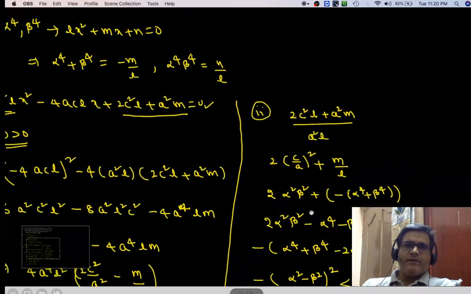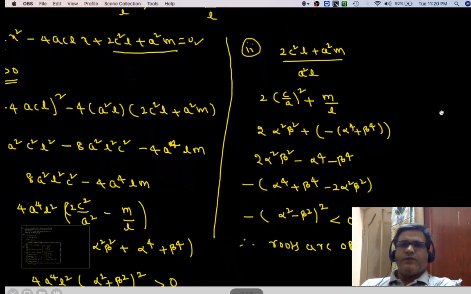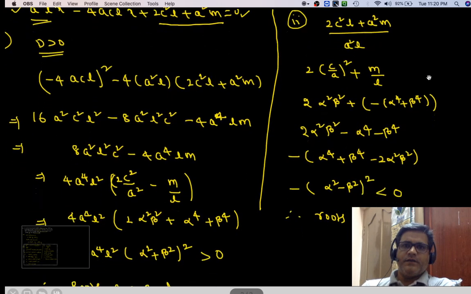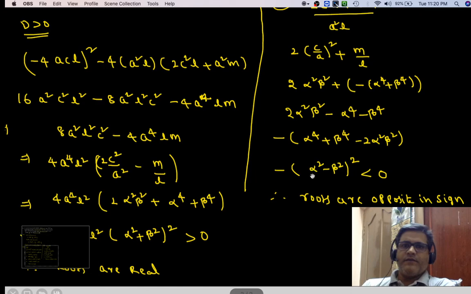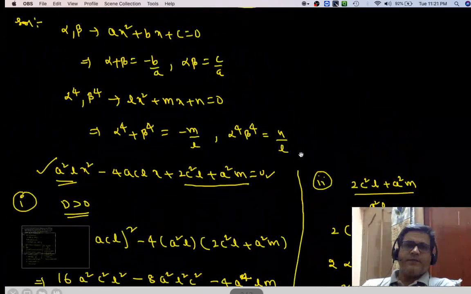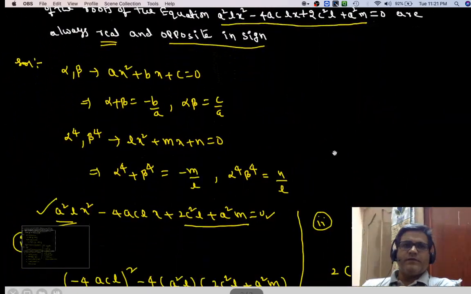The second part is, roots are of opposite sign, that is, the product of the roots is negative. That is what we need to prove. Therefore we have taken the product of the roots, that is, constant by leading coefficient. So we proved minus of alpha square minus beta square whole square, which is a negative quantity, therefore roots are of opposite sign. So this is the solution for this question.